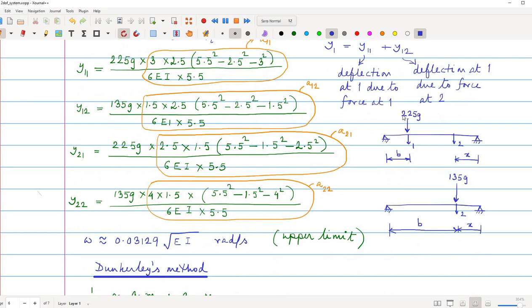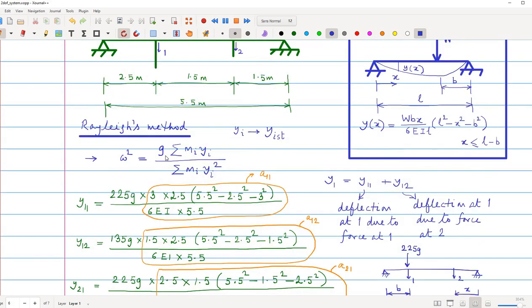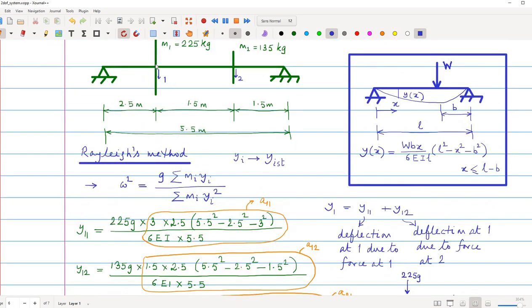So for this one, if you apply a force here and you want to calculate the deflection here, then this formula is valid because x is equal to L minus b. If you apply a force here and you want to find out a deflection here, so this is b and this is L minus b, so x is equal to L minus b.